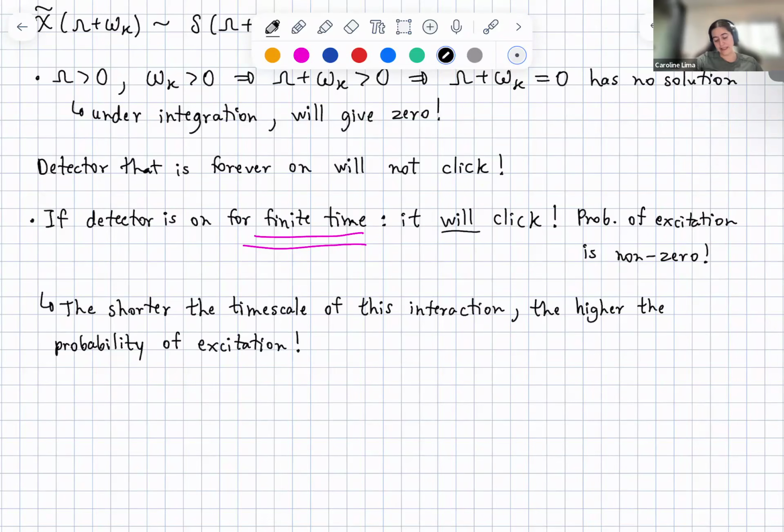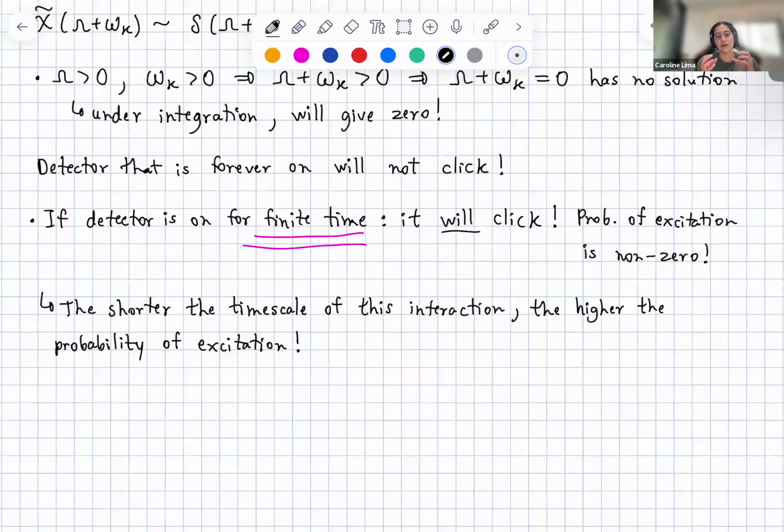Okay, so what is the intuition behind this idea that, wow, if I have a very short time scale, there's a higher probability that this detector starting in the ground state, despite being static, despite coupling to the Minkowski vacuum, will still have some probability of getting excited.